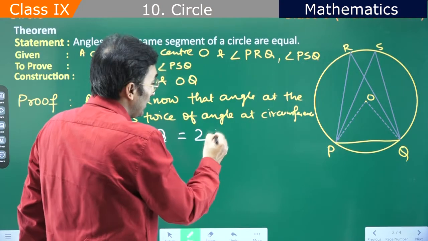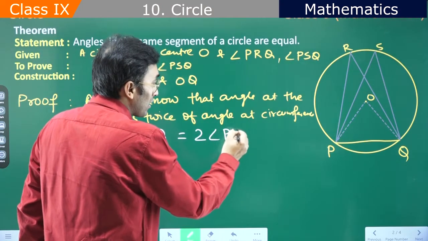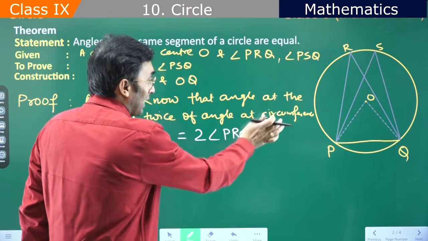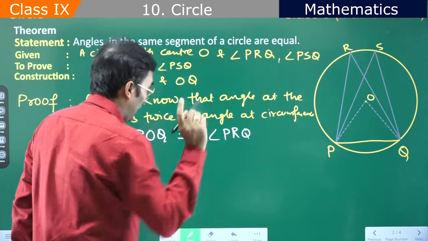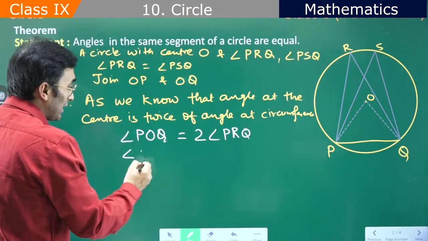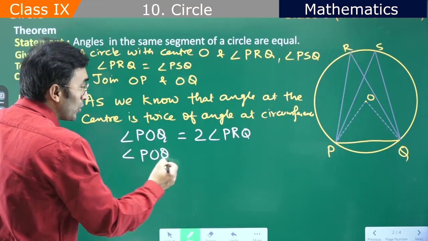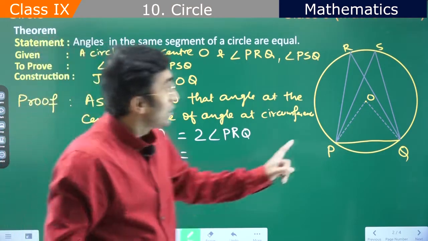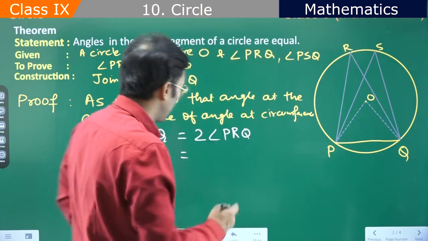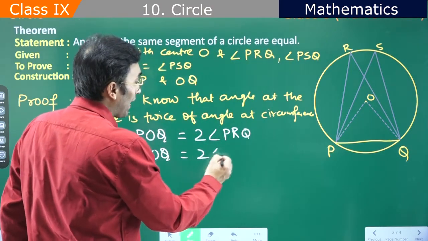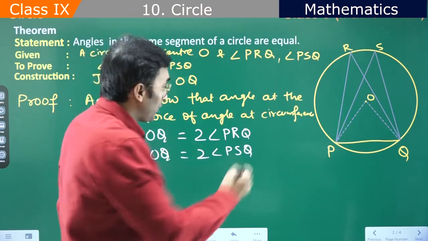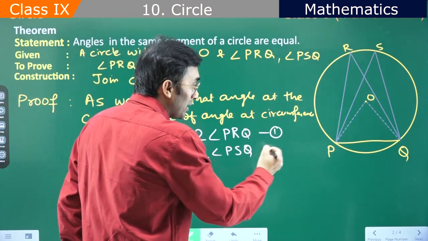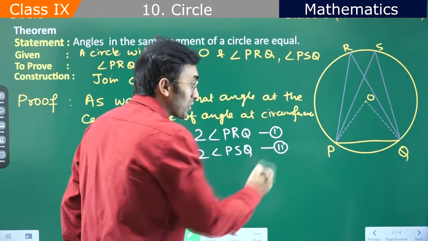Angle PRQ. Next, similarly we can say that angle POQ equals twice of angle PSQ. Fine. So we have two equations, the first equation and the second equation.